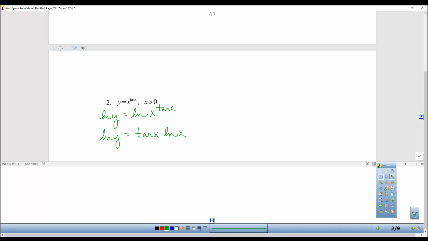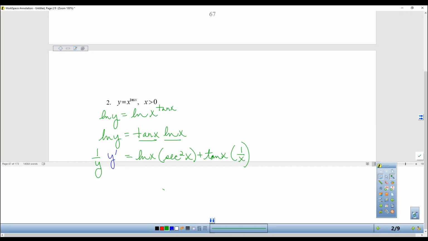Now I'm going to do implicit differentiation. The derivative of the natural log of y is 1 over y times y prime. And then on this side, again, product rule. The second times the derivative of the first plus the first times the derivative of the second.